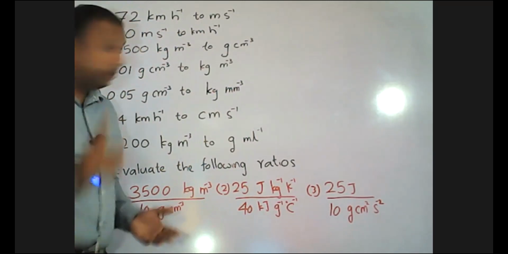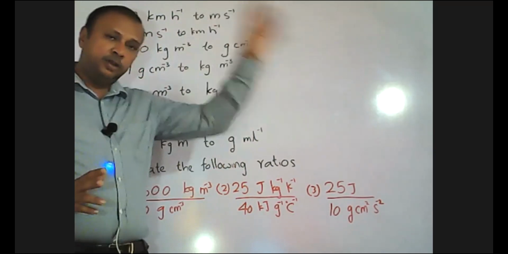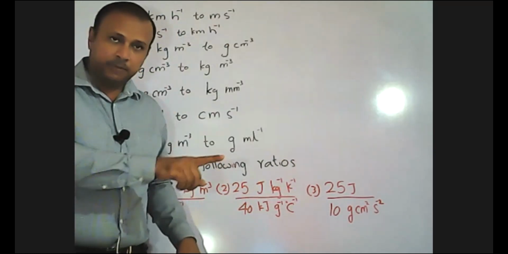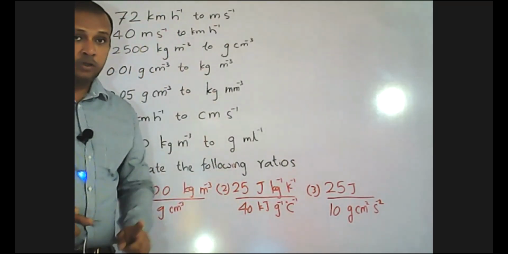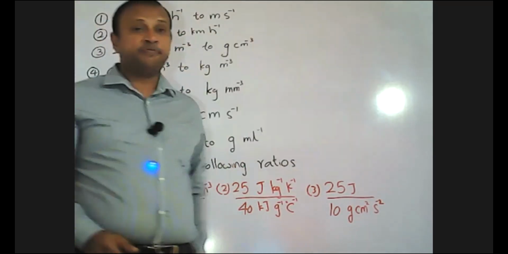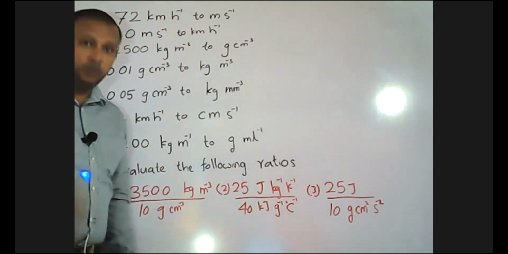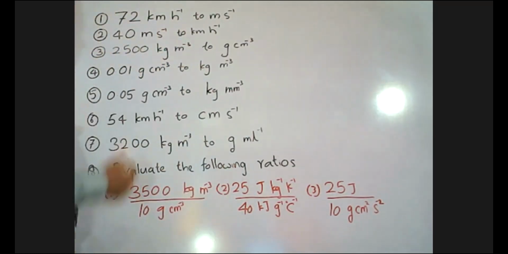If you are asked to convert a larger scale into a small scale, then you have to multiply. If you are asked to convert a small scale into a large scale, you have to divide. Okay, you have to use that logic to solve this question. I'll give 5 minutes.